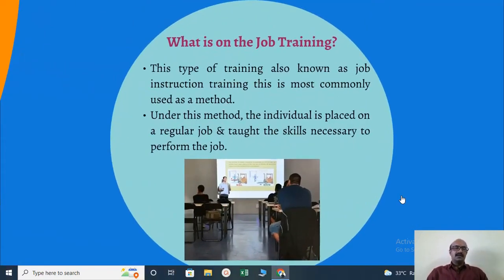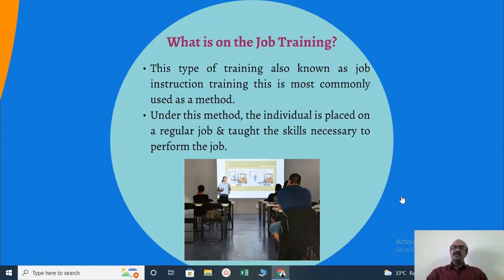On the job training, this type of training is also known as job instruction training, JIT in short form. This is the most commonly used method, because every organization has this type of training program.